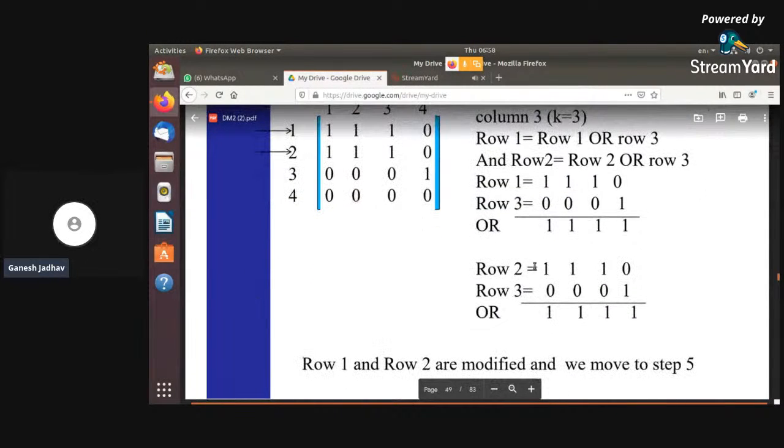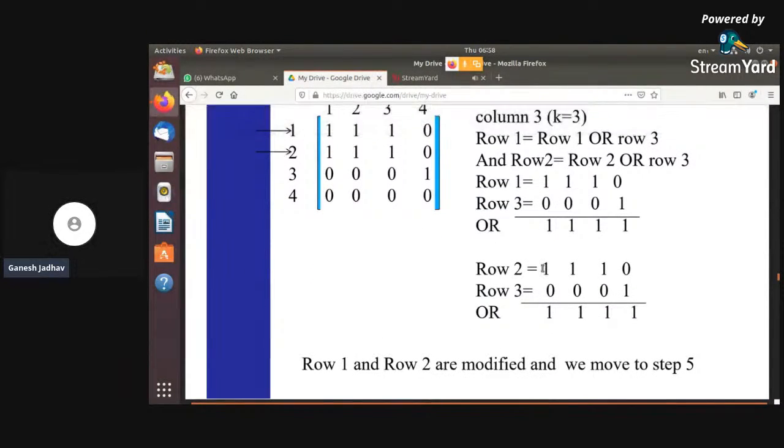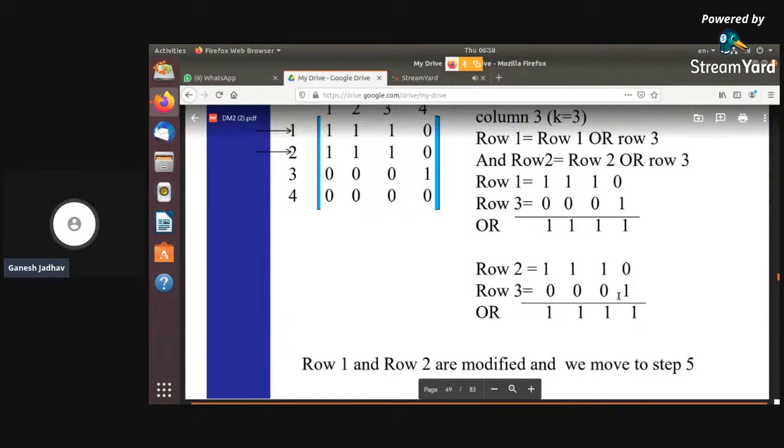Then another one, row 2. Row 2 is 1 1 1 0, and this is row 3.